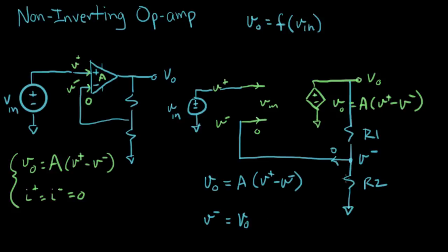Times the bottom resistor, remember this? R2 over R1 plus R2. So the voltage divider expression says that when you have a stack of resistors like this, with a voltage on the top and ground on the bottom, this is the expression for the voltage at the midpoint.